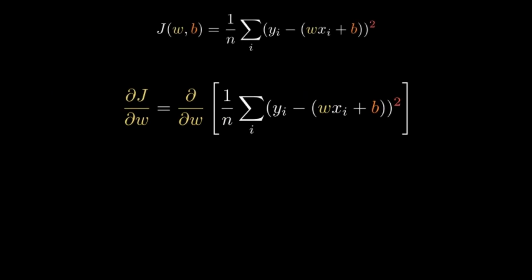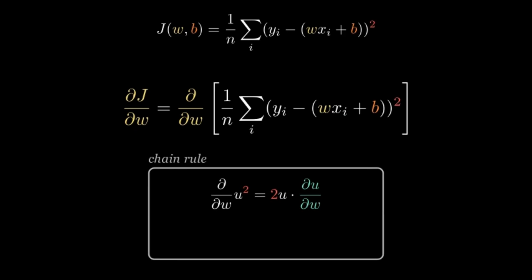Start with the derivative of J with respect to w. J is an average of squared terms, and the derivative of a sum is the sum of the derivatives. So we can differentiate one squared residual and average at the end. Each term is something squared, so the chain rule applies. The derivative of u squared is 2u times the derivative of the inside.